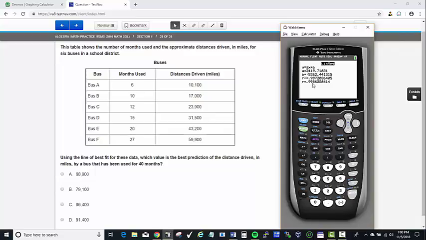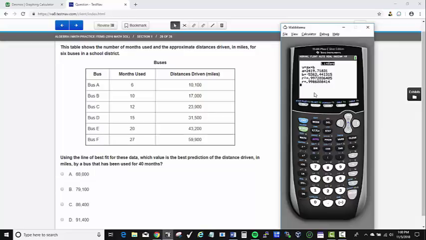Now, since this is a line, you will notice we have an r squared and we have an r. The r is for the linear line of best fit. R squared is for the curve of best fit. Since it says line of best fit, it says 0.998. I mean, that's almost 1. So it's a pretty tight fit. It's pretty good fit.